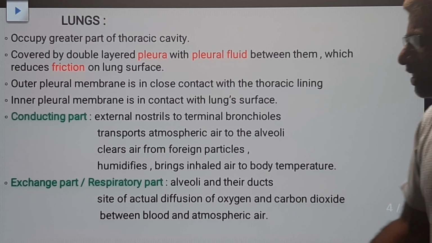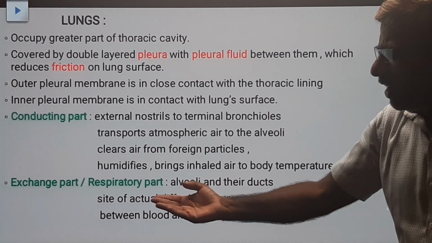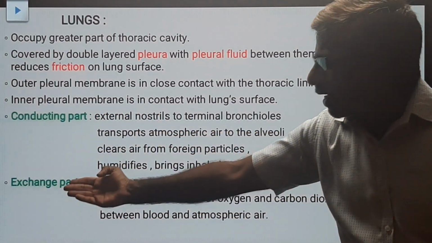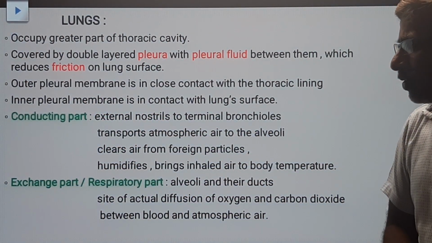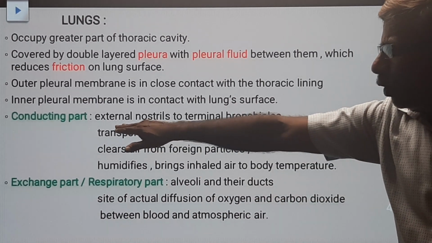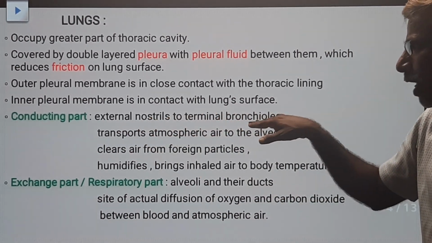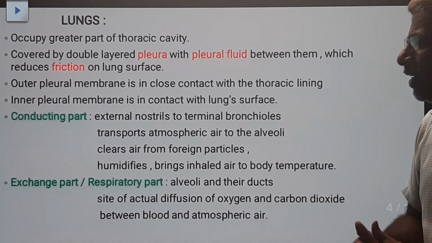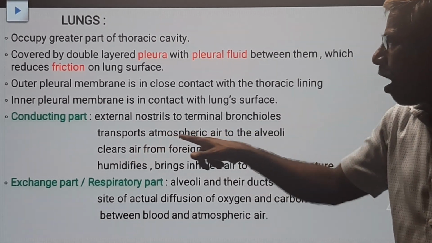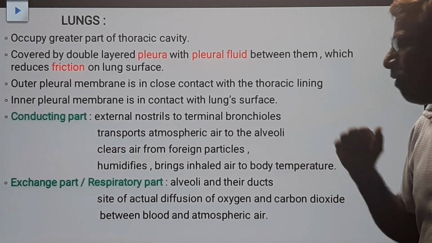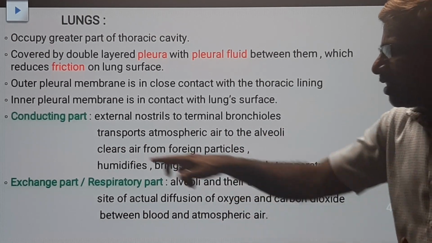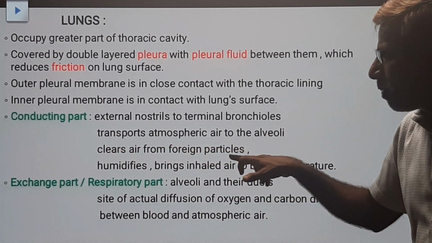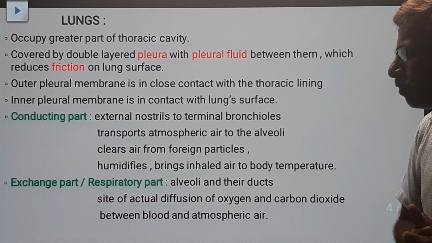Already we have discussed that the pulmonary tree is divided into two parts, the conducting part and the exchanging part. The conducting part includes the external nostril to terminal bronchioles. What is the job of this conducting part? It helps in the transport of air into the alveoli, and it also filters dust particles or foreign particles.